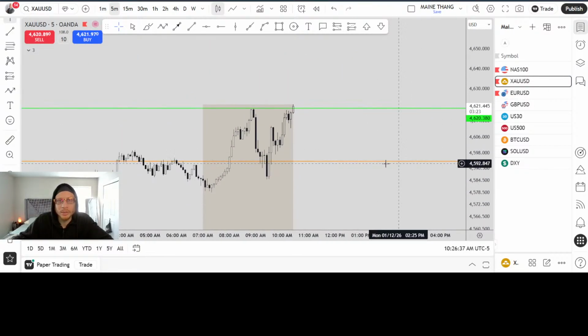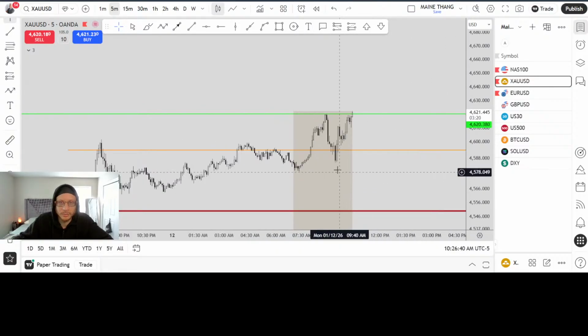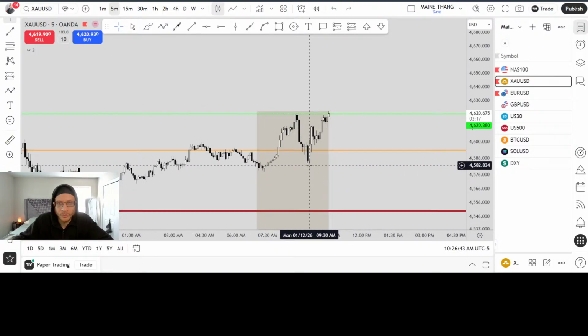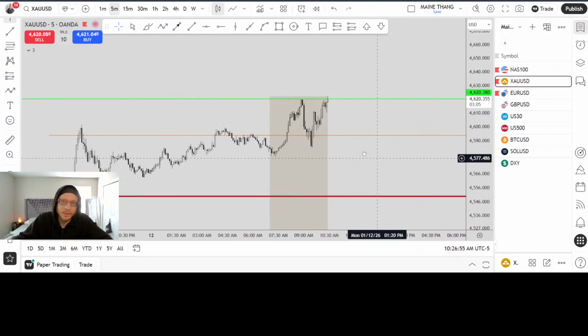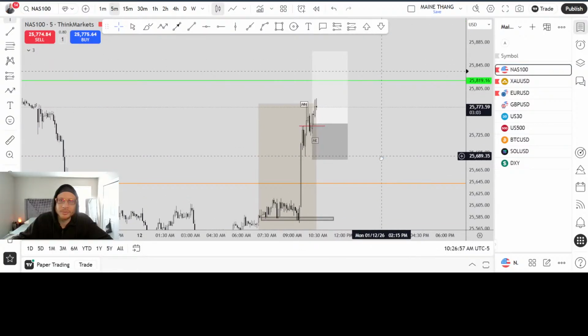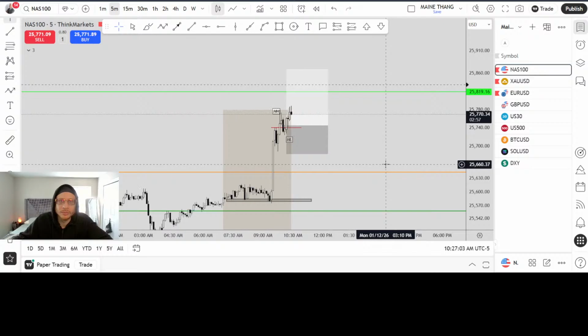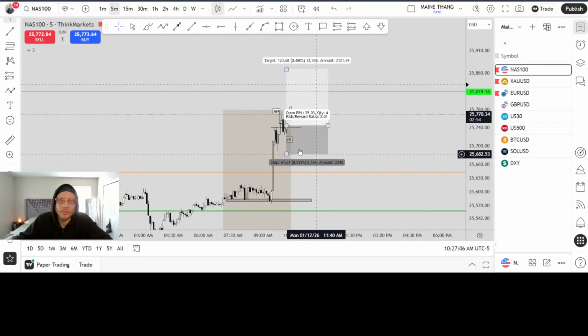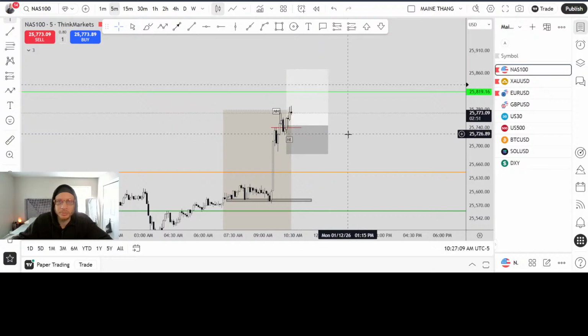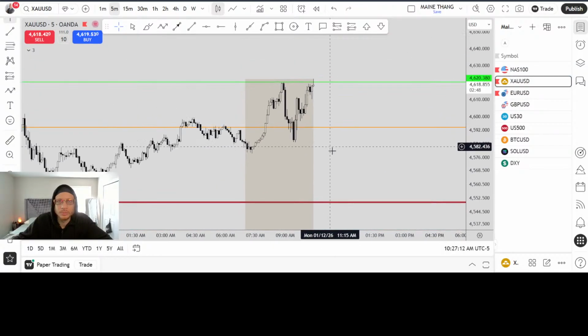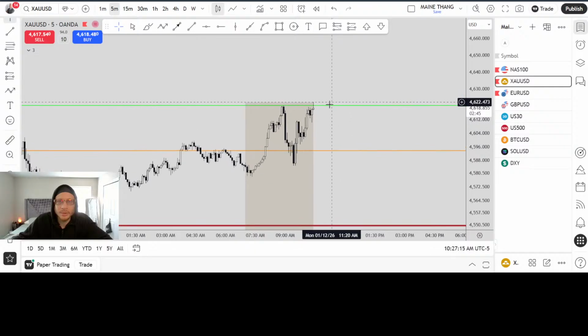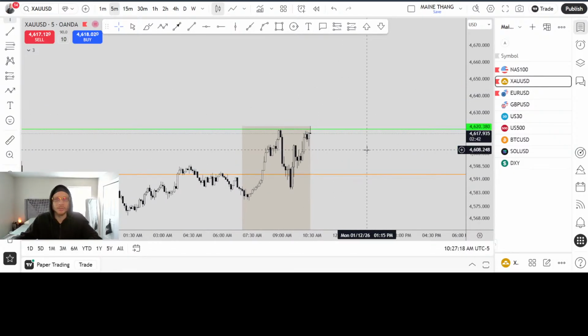Gold finally broke on 9:30. What's this candle right here? All that time just to get, we'll see if this plays out. So it breaks it, but it doesn't break it with authority.